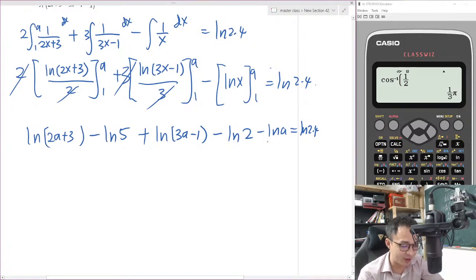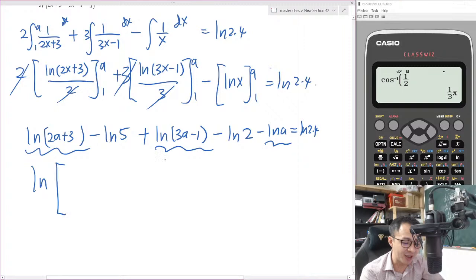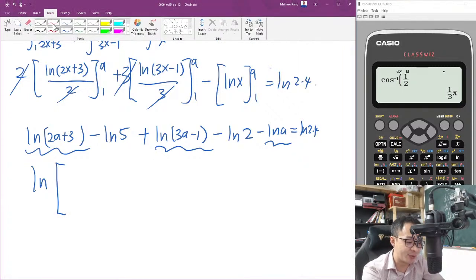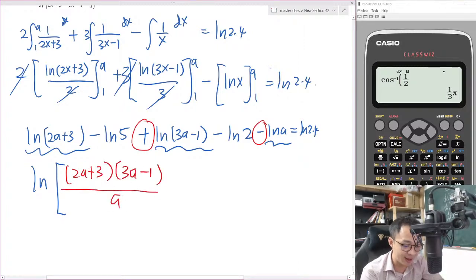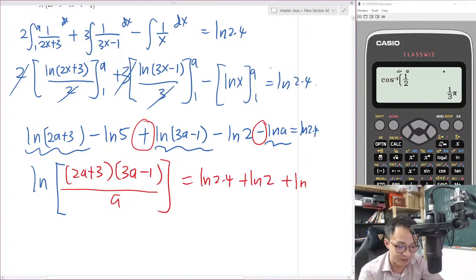Okay, so right now, what I'm going to do is group the terms with a together, and the rest I will leave here. So I want to factorize out ln for these 3 terms. Then you pay attention to the sign in front of them. If the sign in front is plus, you will multiply. Minus, you will divide. So this is 2a plus 3 multiply 3a minus 1 over a. Then the rest of it, I will just move to the other side. It becomes ln 2.4 plus ln 2 plus ln 5.